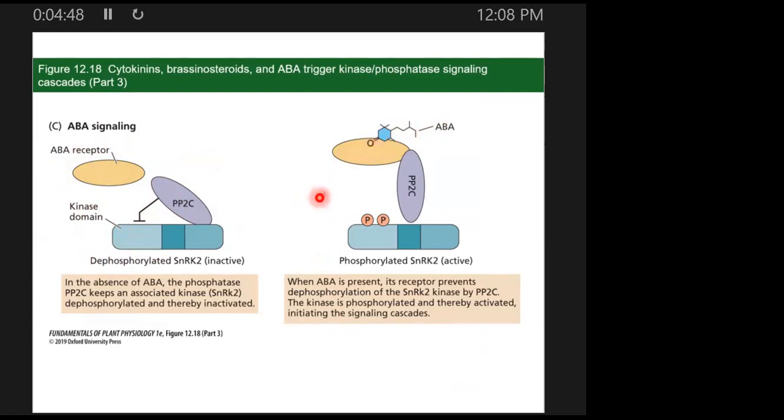You can see that it will release this and allow for the phosphate to come in and bind, which again is triggering the signaling cascade. So slightly different version here. But again, the overall big picture is once you have the phosphate in play, that's helping to send the signal.